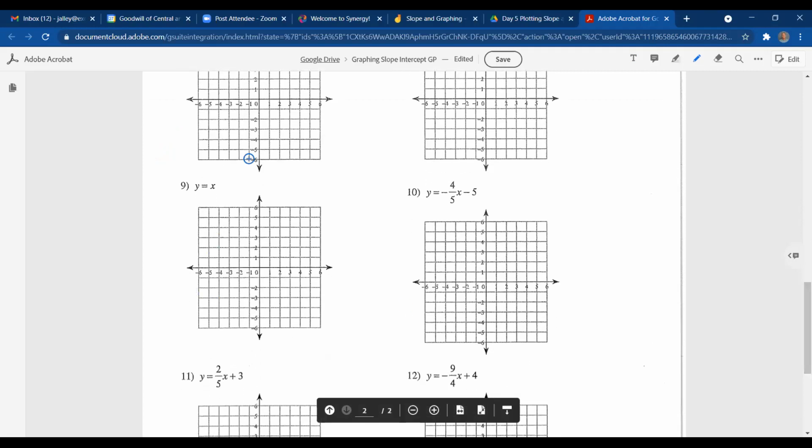There's y equals x. If you look at number 9, y equals x. Okay, well, 0, 0, y equals x. So if y is -1, x is -1. If y is 1, x is 1.